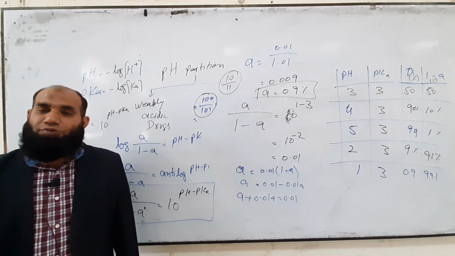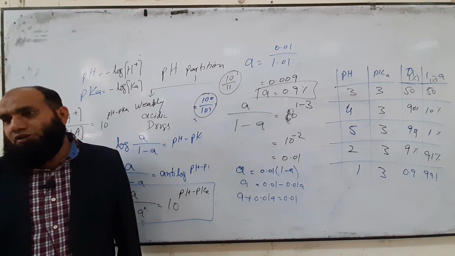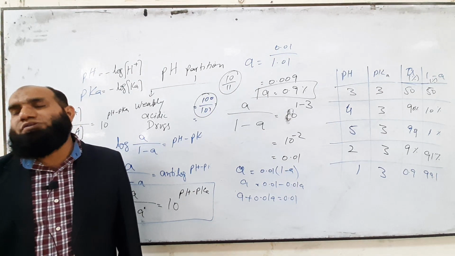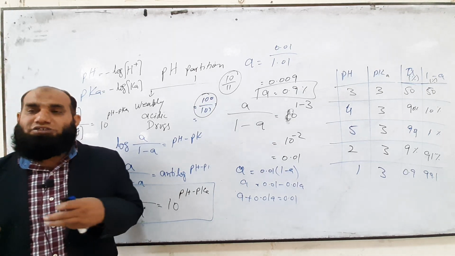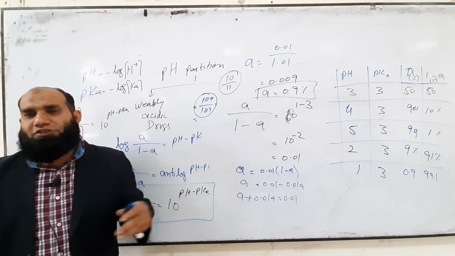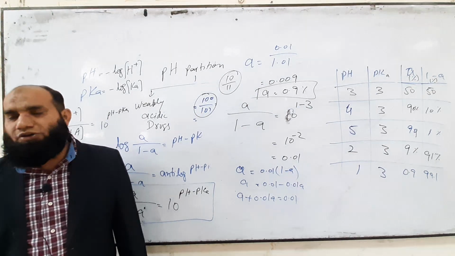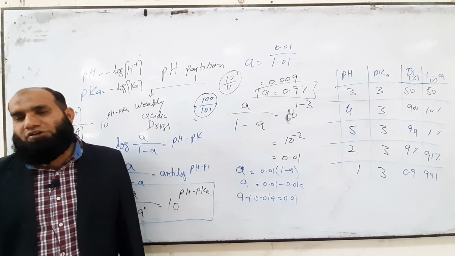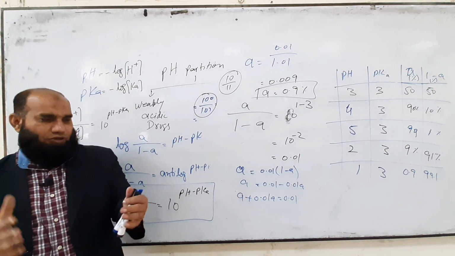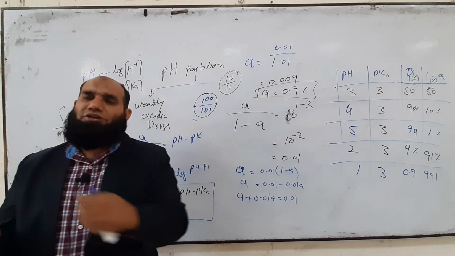Where the drug is present in unionized formation, a lesser amount of the drug will be present at that area, meaning there can be a chance of the drug being absorbed. For example, in the GI system, if the drug is in unionized form, there is a chance to be absorbed by diffusion, by the concentration gradient from one area to another, from the GI system towards the systemic circulation.